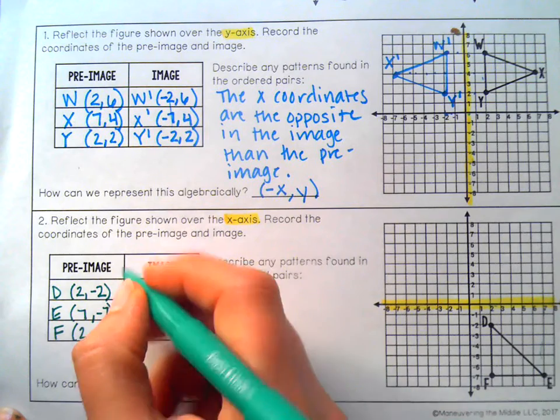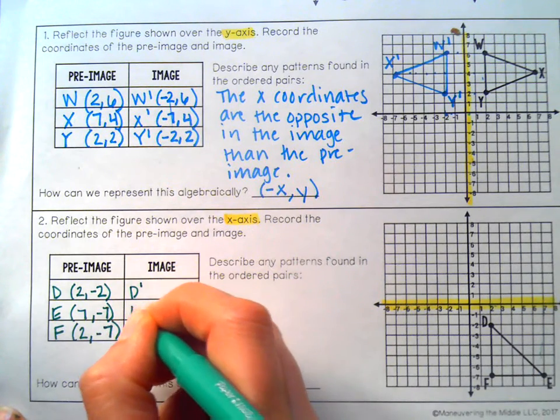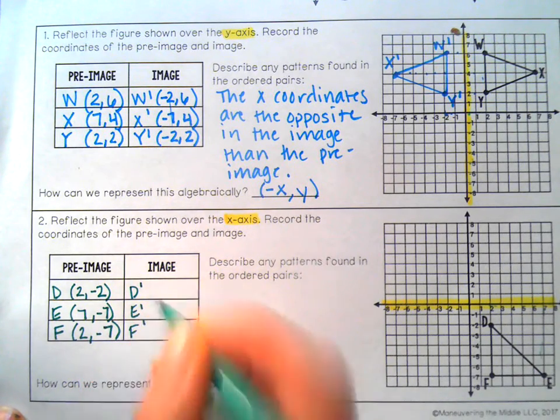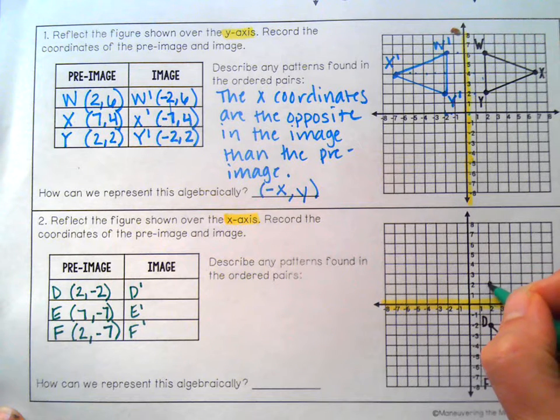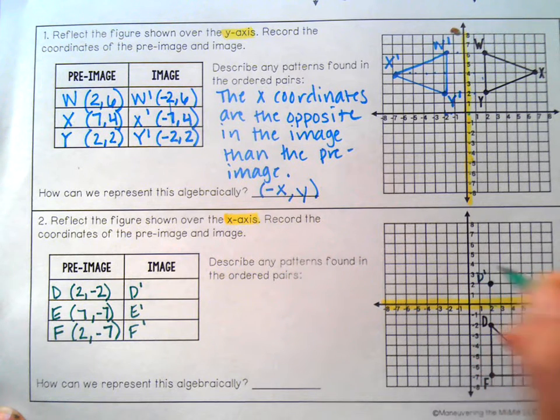Okay, and I'm going to draw it and see where my points D prime, E prime, F prime are. So I'm going to start with D. And if I'm reflecting over this line, if it's 2 down, then I need to be 2 up on the other side, and that's D prime.